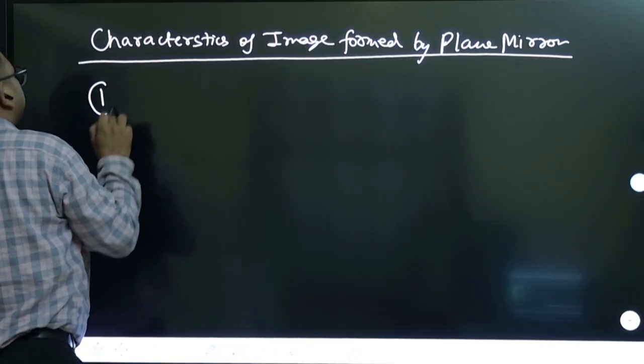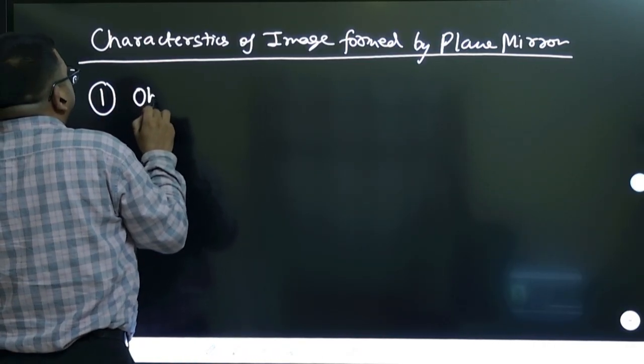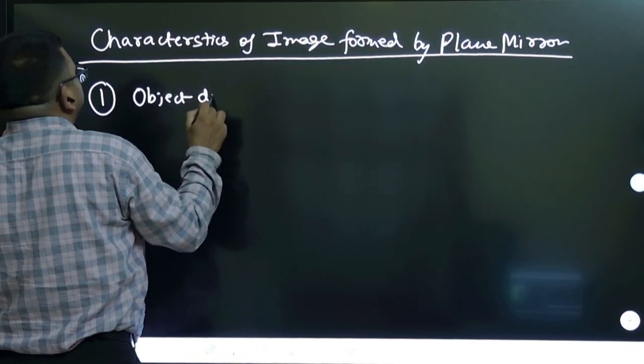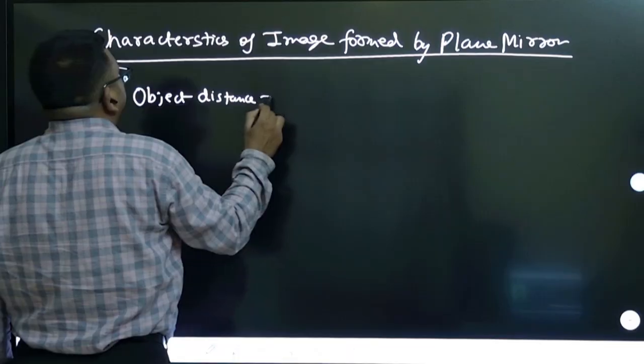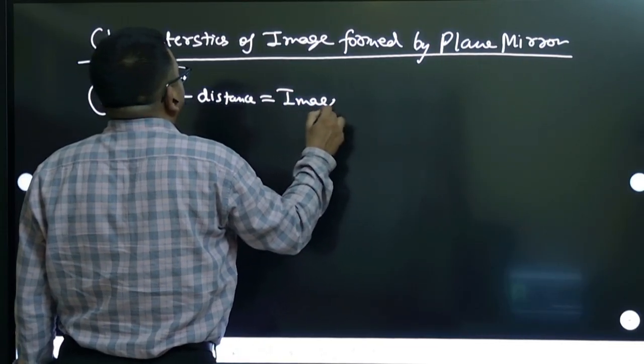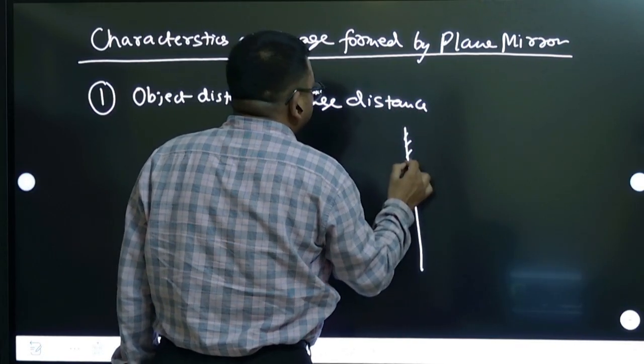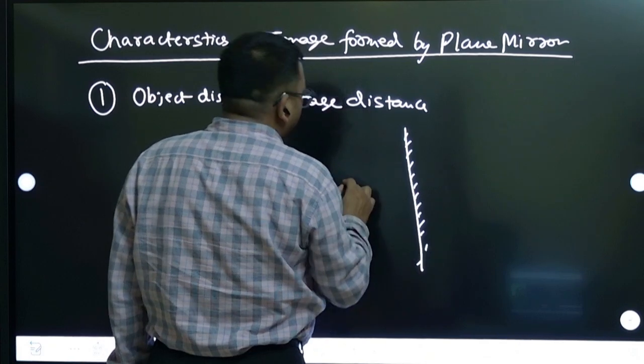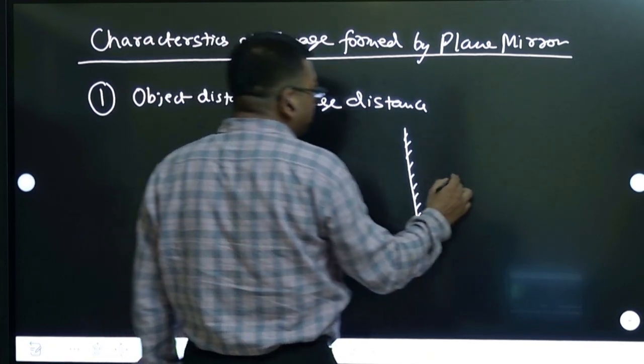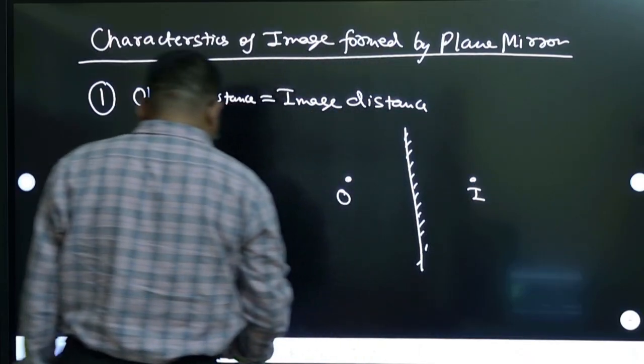So, first characteristic: object distance is equal to image distance. Suppose this is a mirror and this is an object; the image will lie exactly inside it.